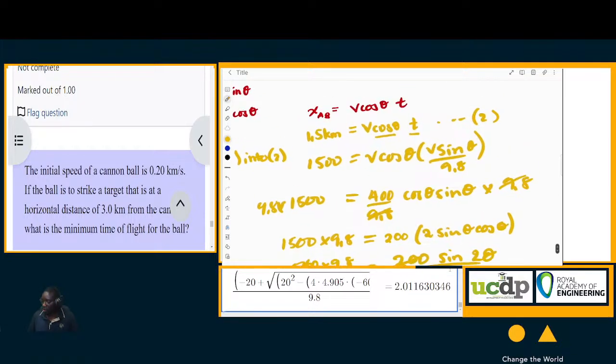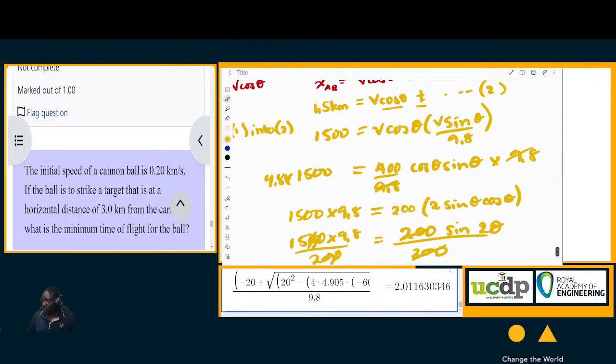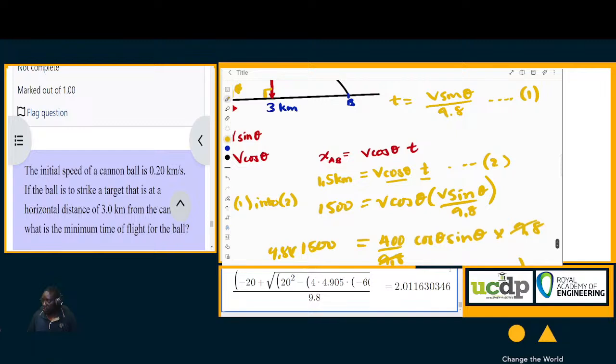Meters, consistent units, 20 times t. Kilometers. V sin theta over 9.8.